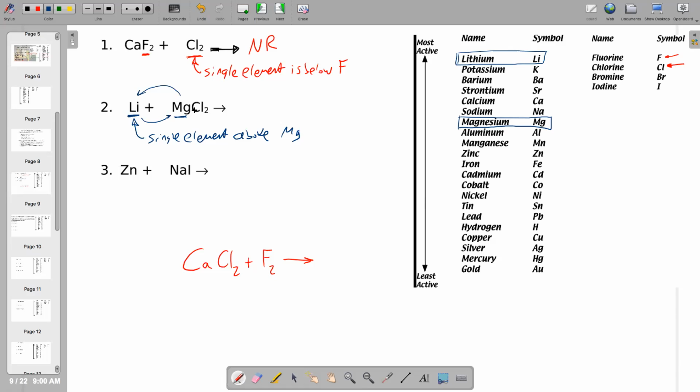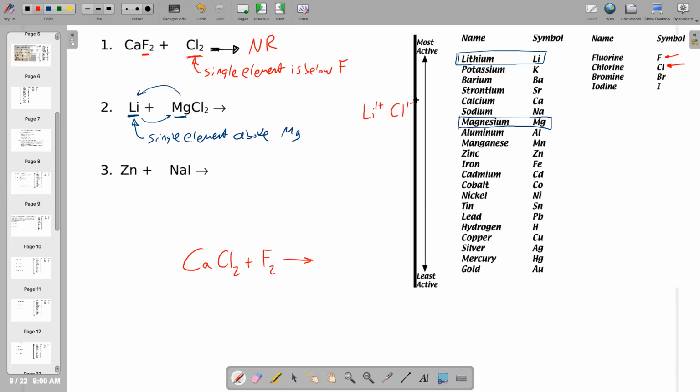So how does the formula end up looking? Well, on the periodic table, lithium is in the first column. So if you're going to make a compound with lithium and chlorine, you've got lithium with a charge of +1, and chlorine on the periodic table is in the 17th column, so that's Cl1-.